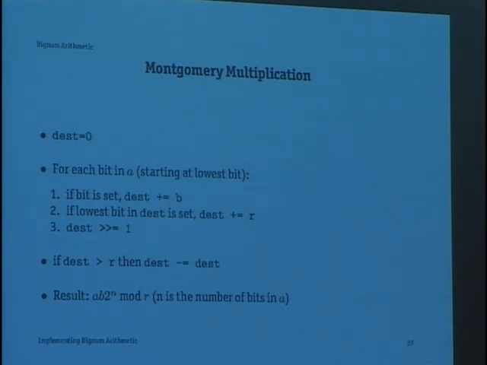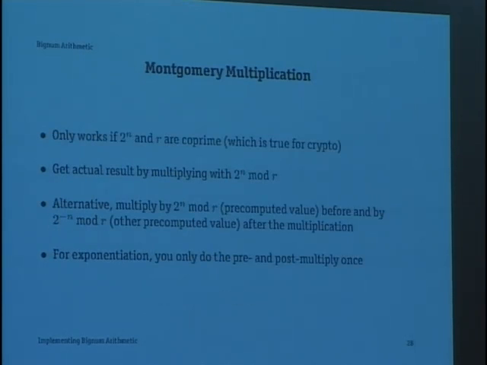You can look it up. This works because the number you want to reduce by, the modulo number, is a prime, and that's co-prime to 2 to the power of something. That is the mathematical reason why this is allowed. There's some trick to make this understandable.